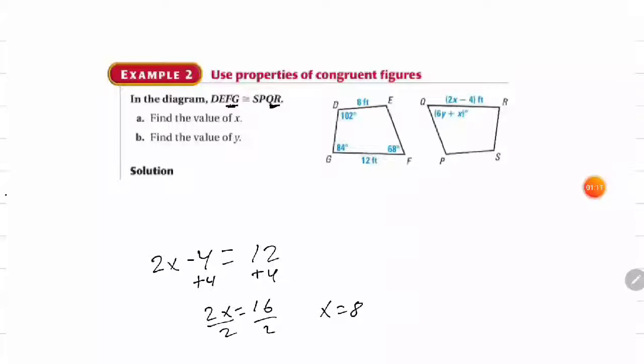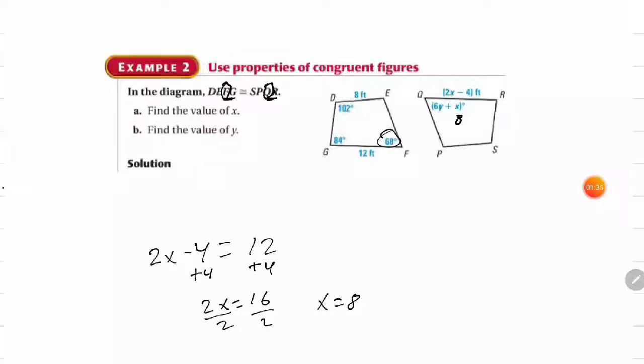To find y, we're going to look at angle Q. So angle Q is 6y plus x. So remember x we just found to be 8. So 6y plus 8. Angle Q is in the 3rd spot. So in the 3rd spot, the first picture is angle F. Angle F is 68.